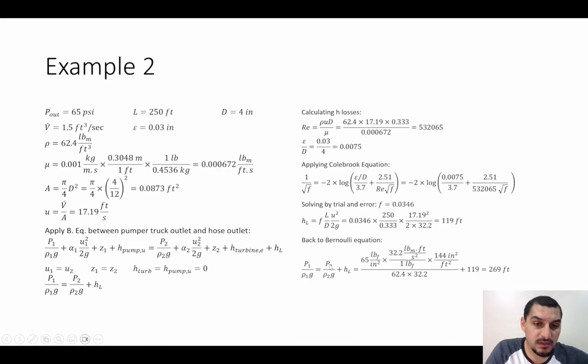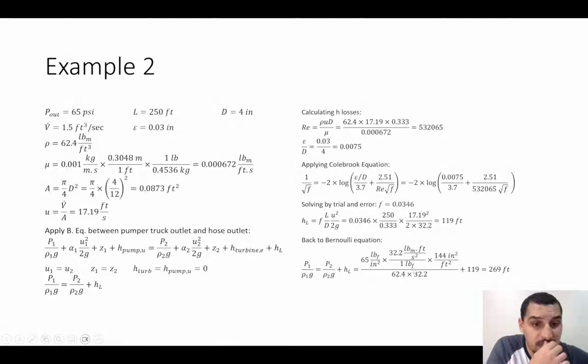So pressure has to be in units of pound mass per foot second square instead of PSI, or pound force per inch square. So we can convert pound force into pound mass foot per second square, because we know 1 pound force is 32.2 pound mass foot per second square, and we know 1 foot is 12 inch, so we multiply it by 144 over 1.